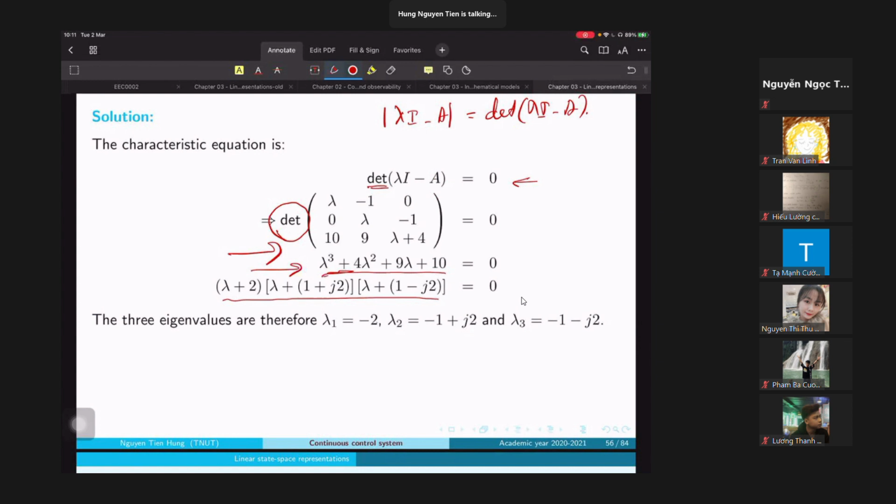This is the highest order of lambda, and you find this solution. So this is the first root, this is the second root, this is the third root. We got lambda 1 is minus 2, the second is this, and the last one is this.